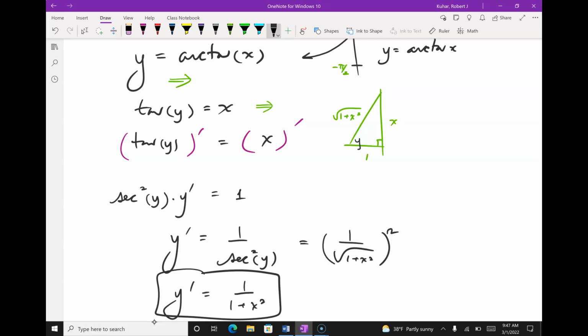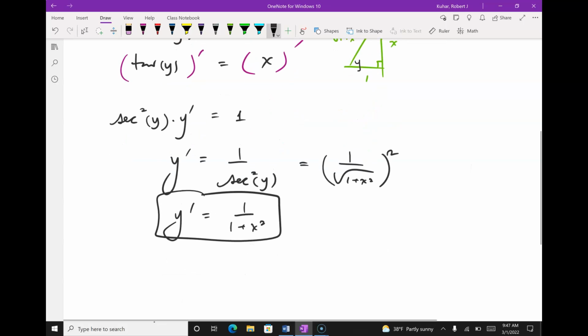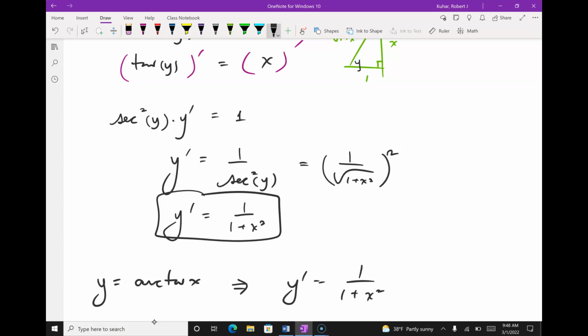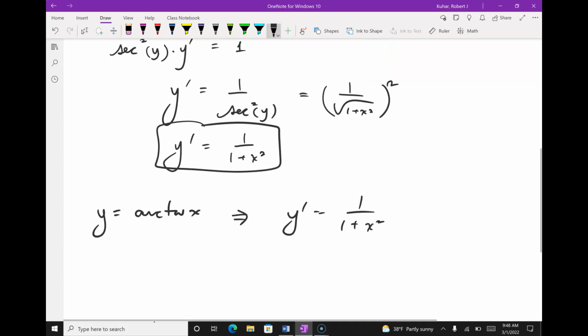How we doing? So this is going on my formula sheet, right? If y equals arctan of x, y prime is 1 over the quantity 1 plus x squared. There's my derivative. In fact, we should have a chain rule version of it.